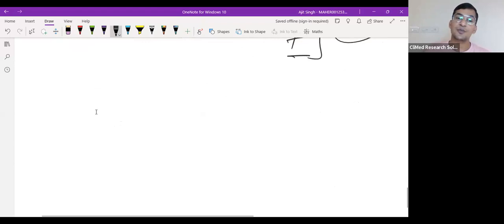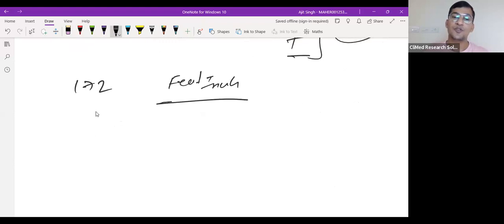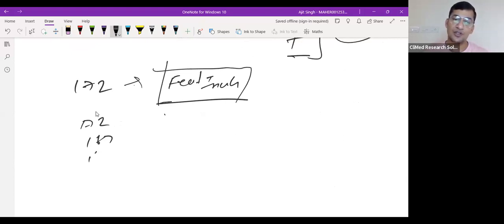Suppose I have taken the height in centimeters, and I want to change it to feet and inches. What I will do is keep a formula. This variable I have written in centimeters, and I want it in feet and inches.